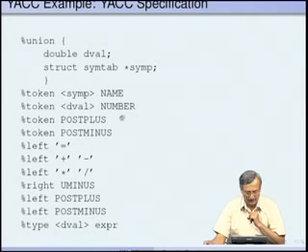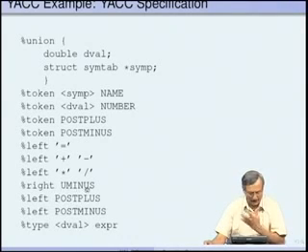It says equal to, plus, minus, star and slash are left associative, and it says u minus, post plus and post minus are all right associative.